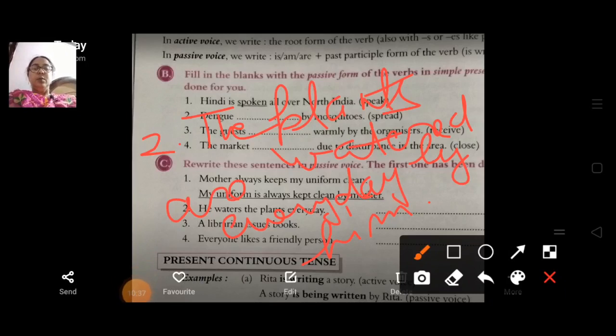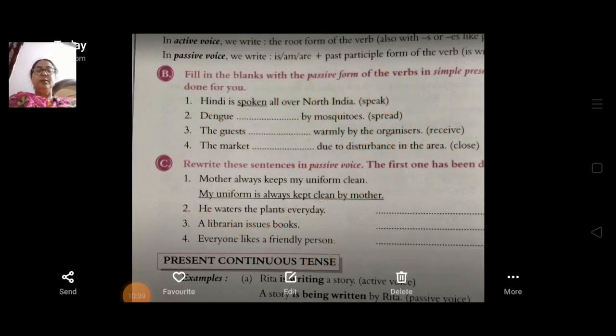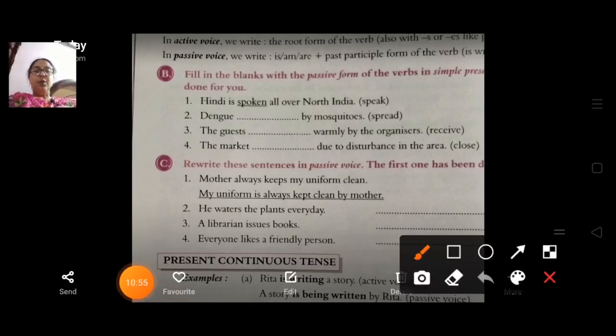Now second one, or you can see third one, a librarian issues books. Now here you can see this is in the present tense. So now we are going to write, a librarian issues books. The books are issued by the librarian.